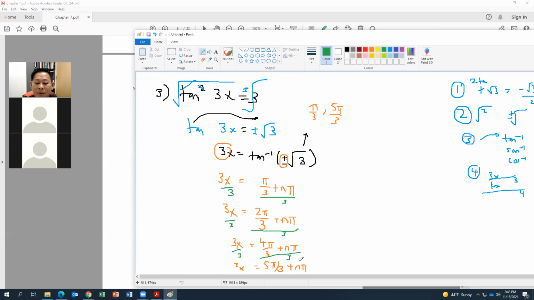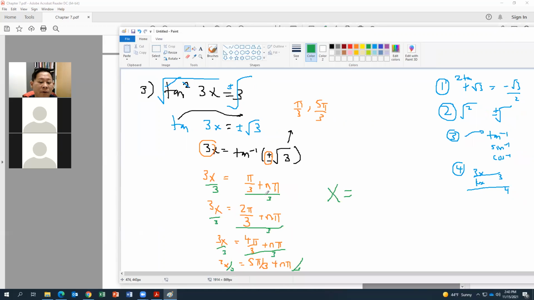So can someone tell me what you get when you divide everything by 3? What's pi over 3 divided by 3? So you just multiply this to become 9. And then n pi over 3, you get n pi over 3.